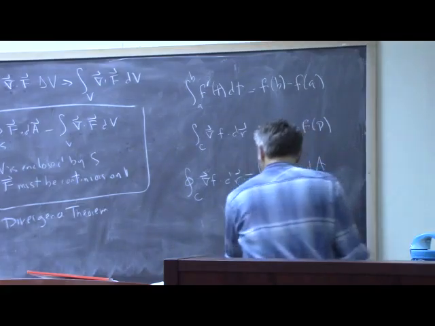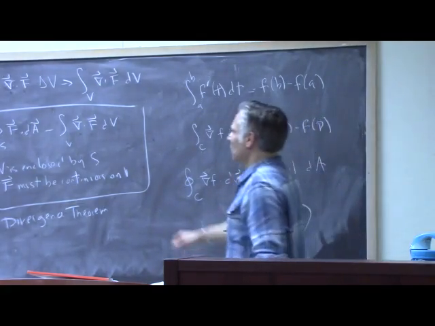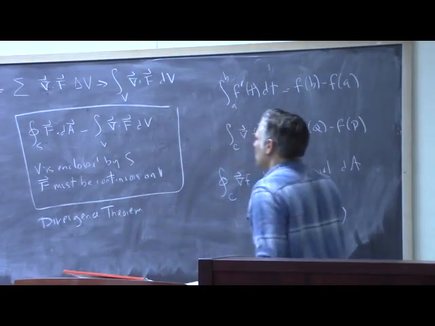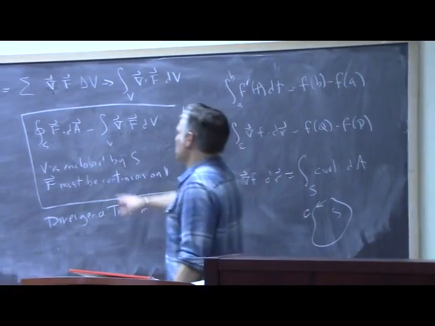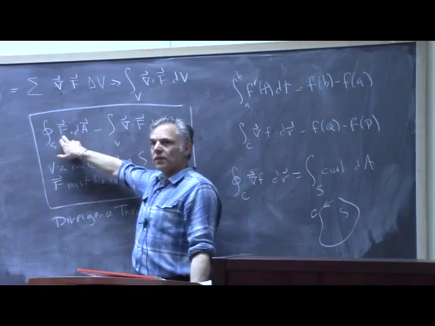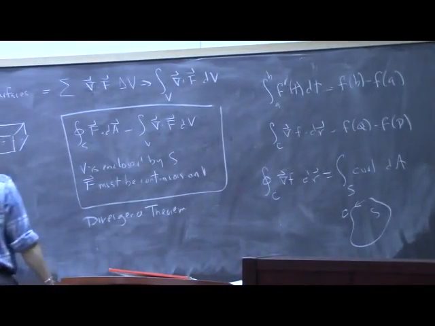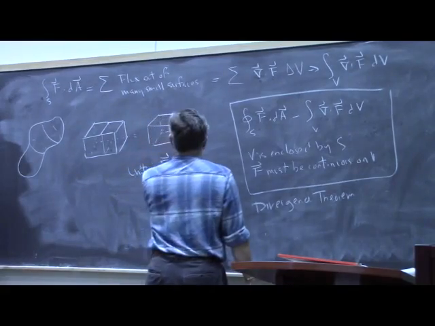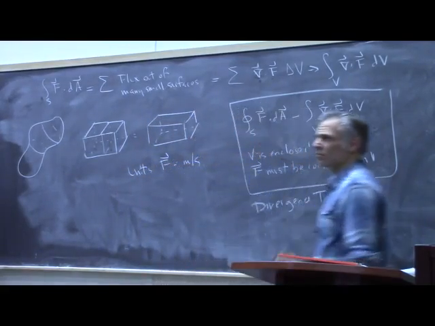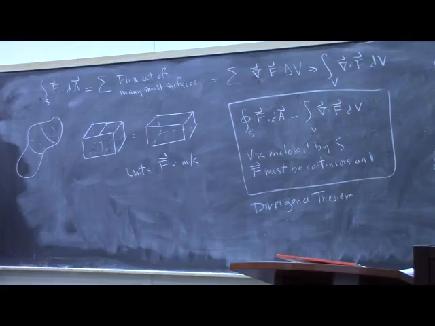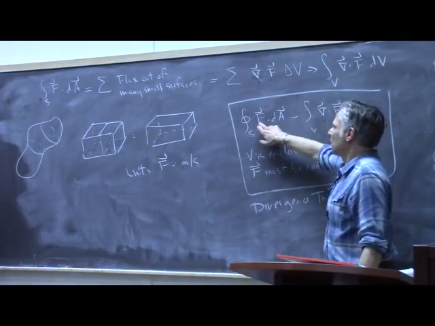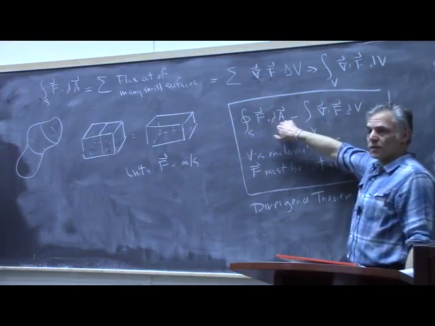What else do I want to say? So let's just think about units on this for a second. So imagine this was a velocity field. So like units. If F was meters per second, that's sort of like the simplest sort of field to think about, then this is going to be meters per second times an area.